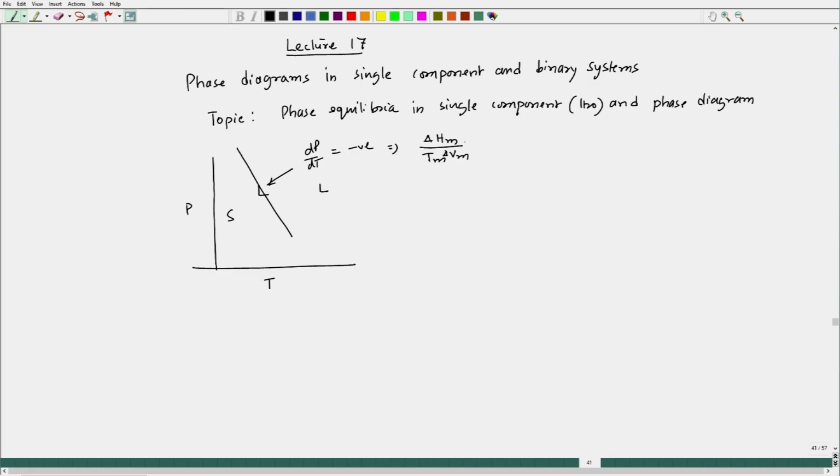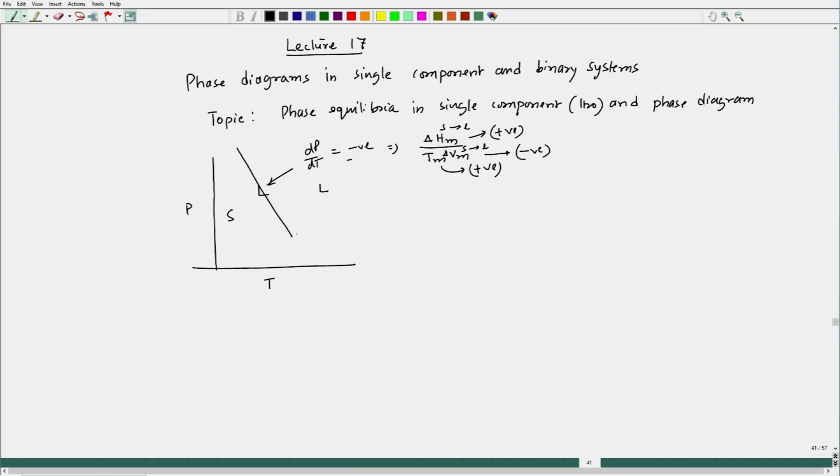So, in case of water, when we talk about solid to liquid, ΔHm is always a positive term, but ΔVm in case of solid to liquid transformation, especially in water, is negative. So, that is why this slope is negative, and we have a demarcation.